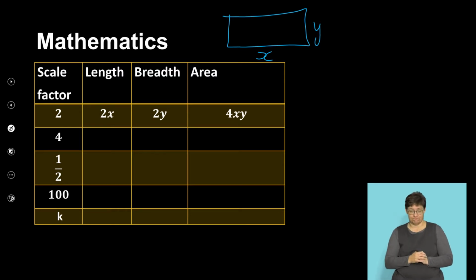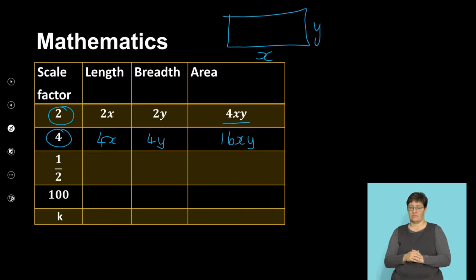So if I said that my scale factor is 4, that means that I'm going to be multiplying the length by 4 and the breadth by 4. You can see slightly above I've done the scale factor of 2 and I've illustrated that the length and the breadth were each multiplied by 2, which gave me a result of 4xy. But let's see what happens when I multiply by 4.